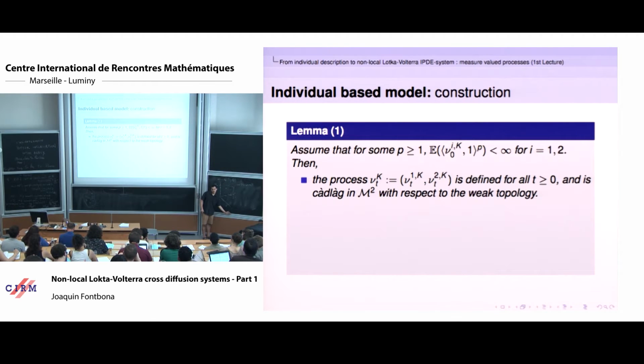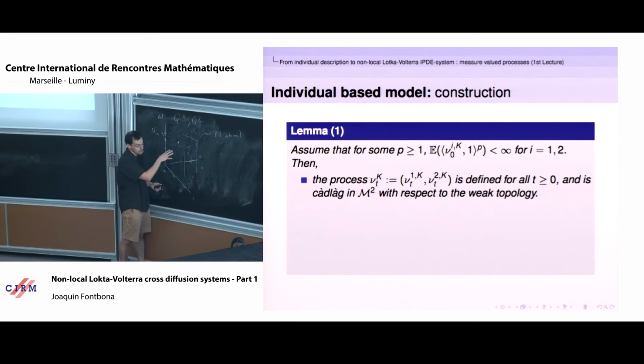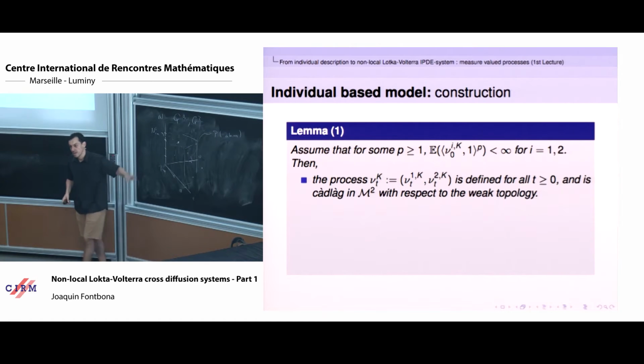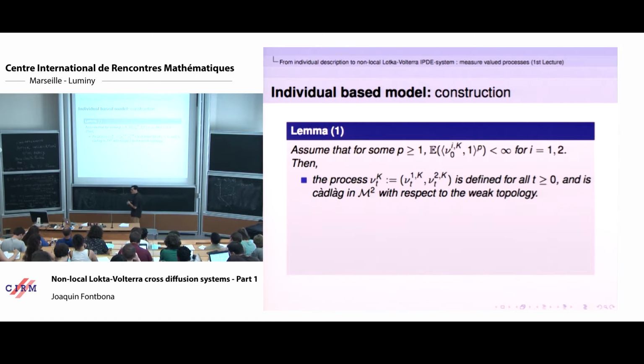Why is that? Because in each compact set here, I will have a finite number of atoms, because it's a Poisson random variable of finite parameter. So these times have strictly positive intervals in between.